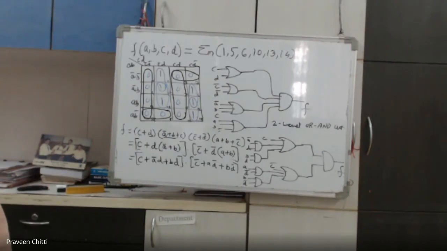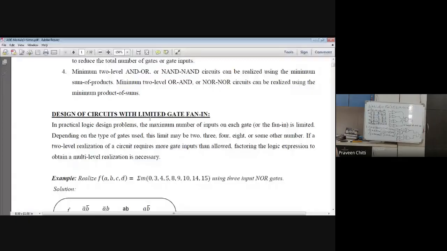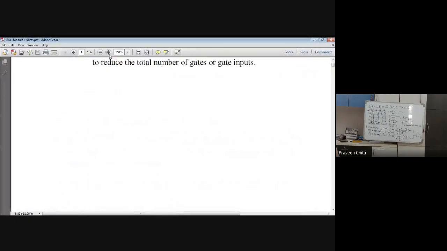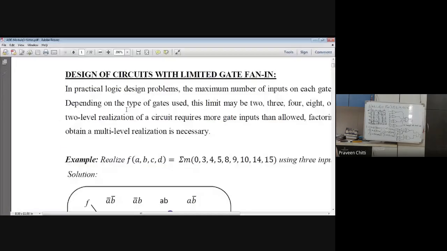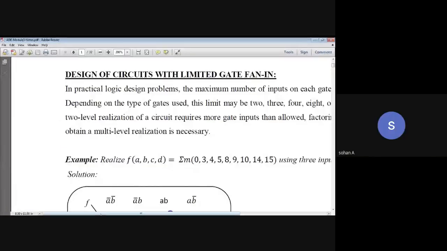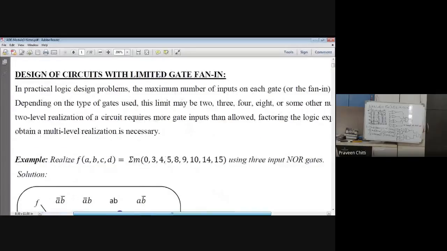You can take down this next example. All of you can take down this example. Is this example visible? Can you see the example on the screen? Yes, sir. What is that?